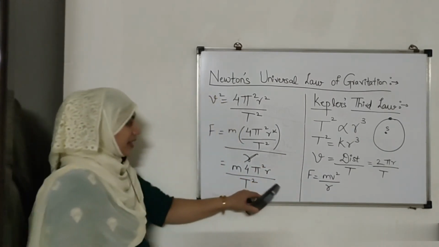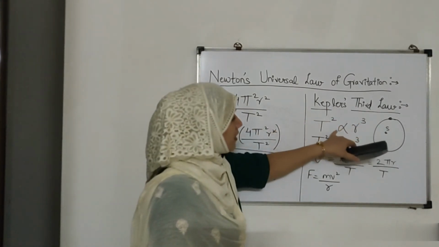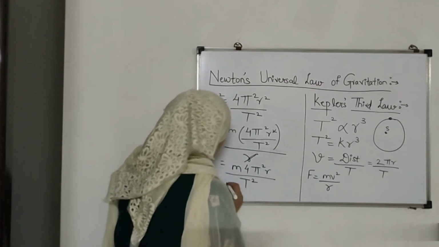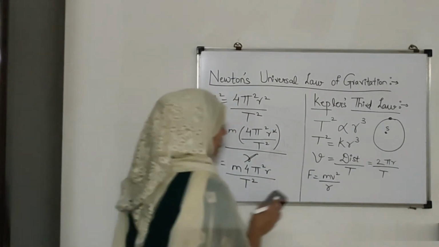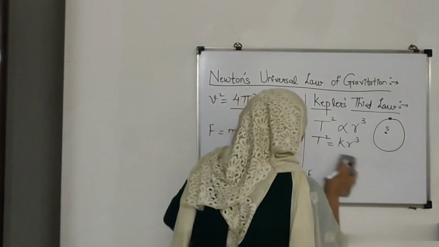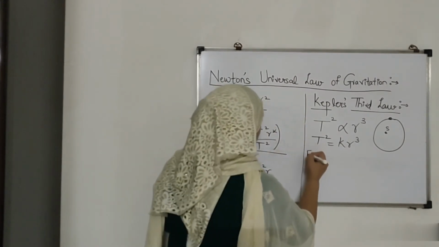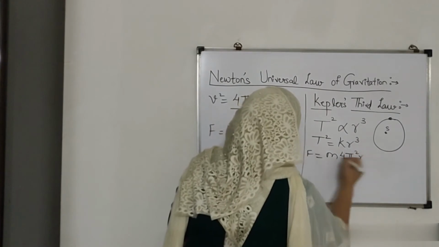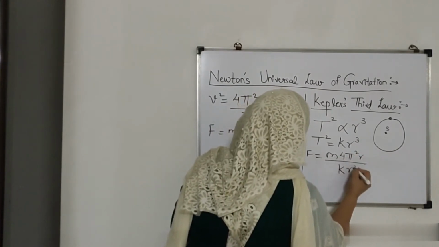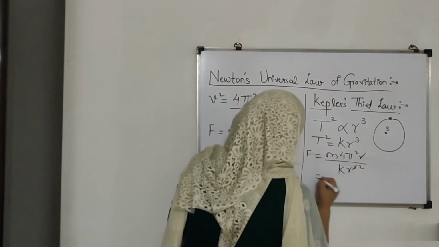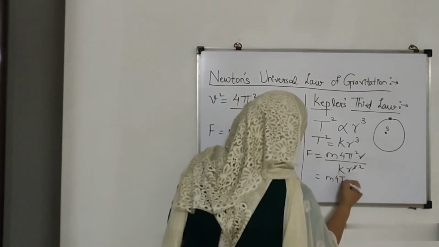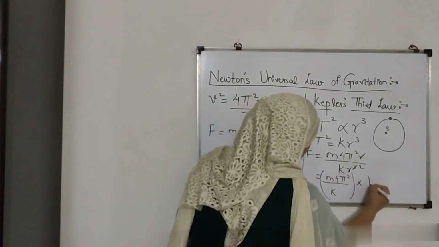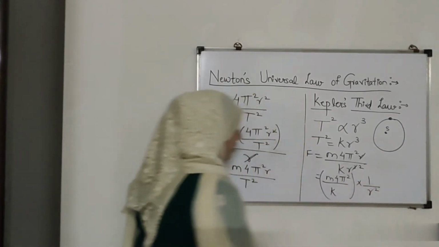But by Kepler's third law of planetary motion, T square equals k r cube. Substituting it here, F becomes m 4 pi square r upon k r cube, which gives me r square in the denominator. Here 4 pi square m upon k is constant, and only r square is varying.